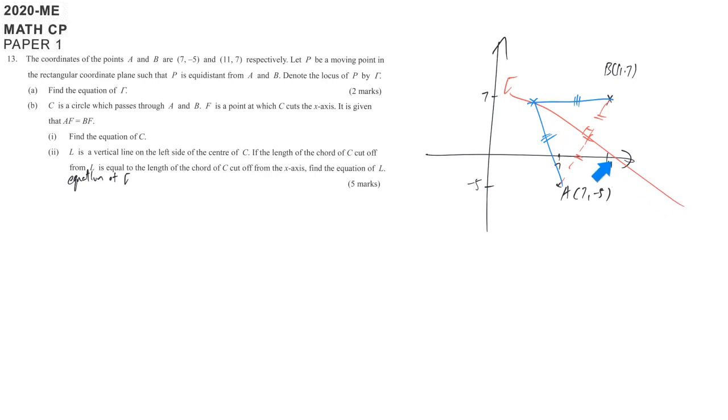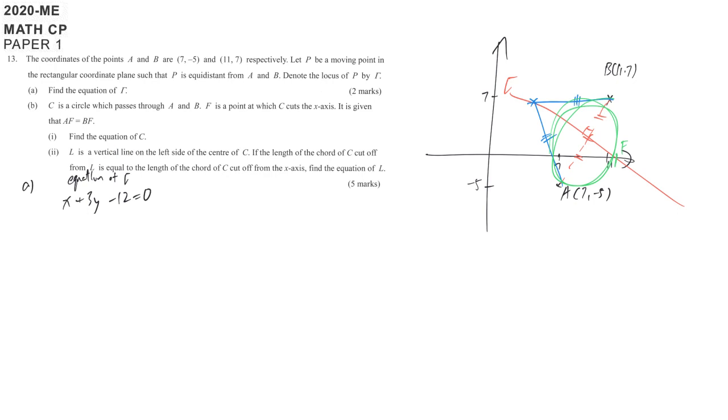So we are talking about a specific point here. We can get point F. If we can get point F, then only one circle can be drawn. Then we can get more information about the circle C. That's how we find the equation of C.